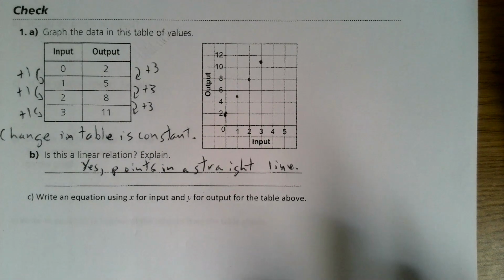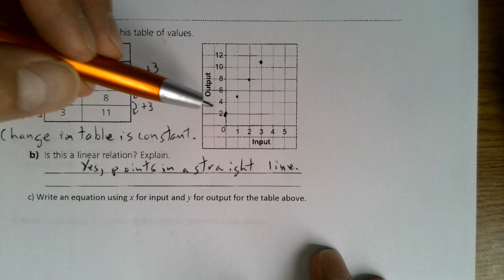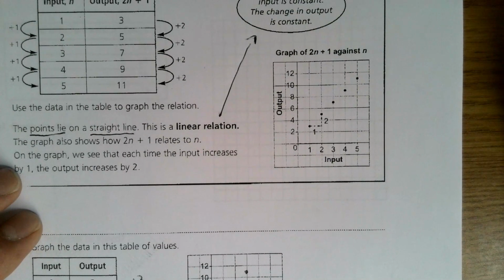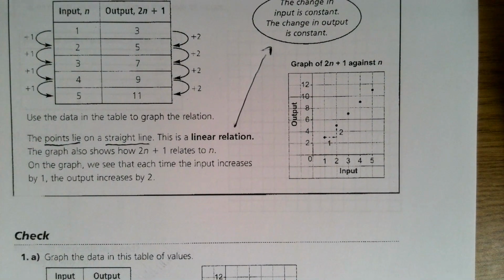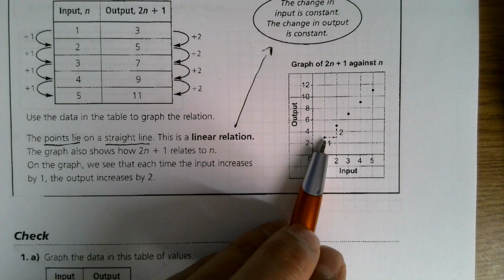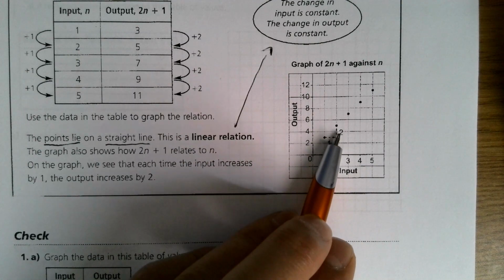One other thing I want to point out real quick on this one is we can actually see the change in the table on the graph. You notice up here they showed us that the input's going up by 1 and the output's going up by 2. So between points, this is the input going up by 1, that's the output going up by 2.